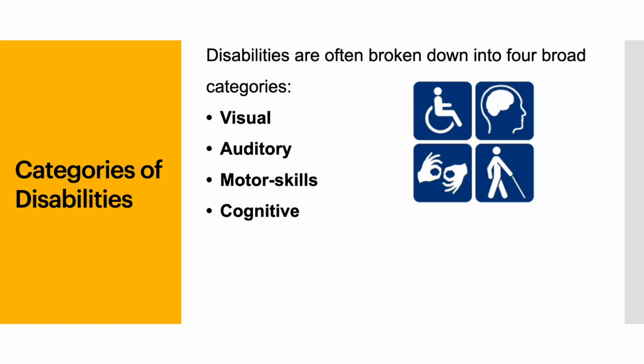The third one is motor skills. People with limited movement may struggle with the mouse or touch gestures. Ensuring full keyboard accessibility, having larger click targets, and support for adaptive technologies like eye tracking or voice control help these users navigate effectively.